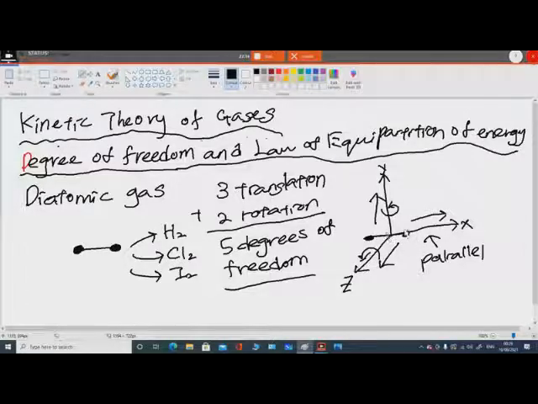Since it is parallel to the x-axis, this causes a barrier for it to rotate. So there is no rotation along the x-axis, and this is the first explanation: parallel to the x-axis.